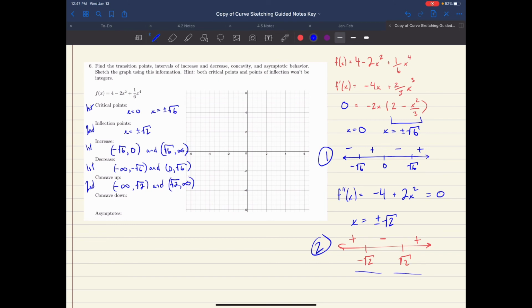It's concave down when the second derivative is negative, so that's from negative root 2 to root 2. Asymptotes: there are no asymptotes here, so this is just NA, not applicable. All right, now we have all of these things.